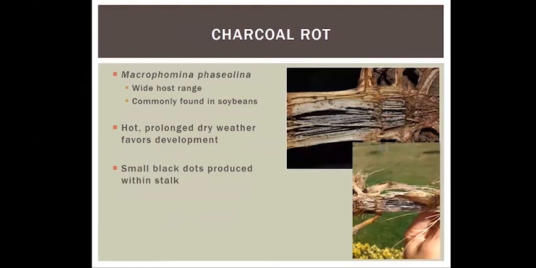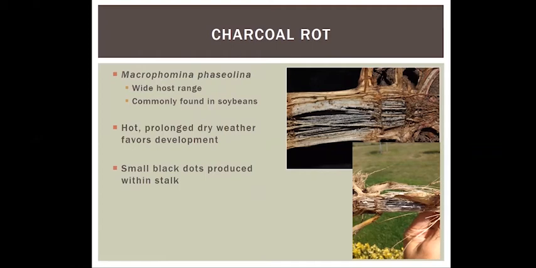Another one here I mentioned earlier, this one, charcoal rot. When we think about charcoal rot, obviously in corn, but this is a pathogen that has a really wide host range. This particular organism likes it really hot and dry. And I showed you that image earlier from Texas that was caused by charcoal rot.